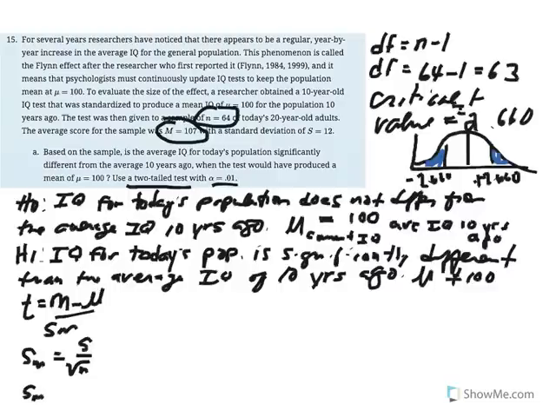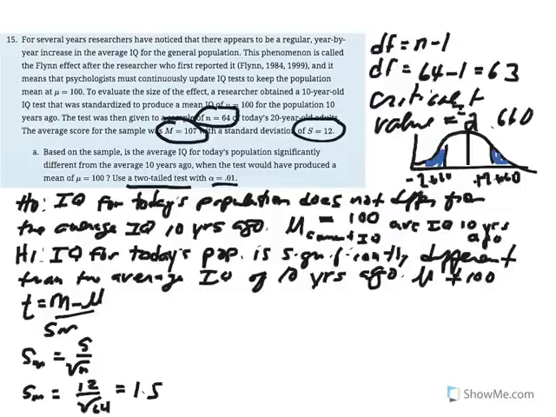So the estimated standard error is equal to 12 over the square root of 64. In our calculators, if we enter 12 divided by the square root of 64, we get 1.5.